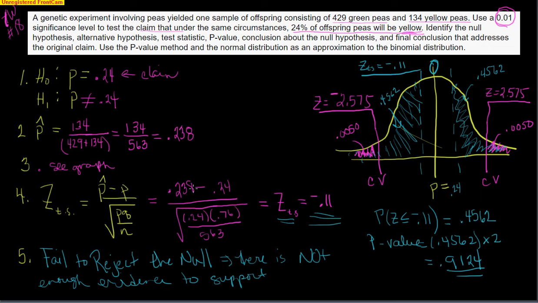I'm not going to write this all out. To support the claim that 24% of the offspring will be yellow. There's not enough evidence to reject that claim. There's not enough evidence to support the rejection of that claim.